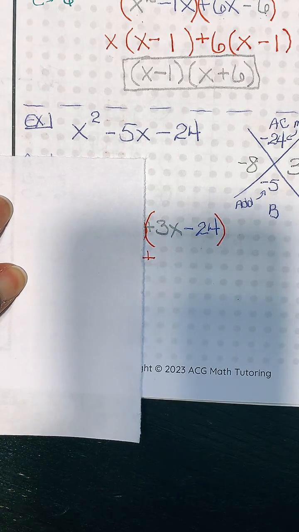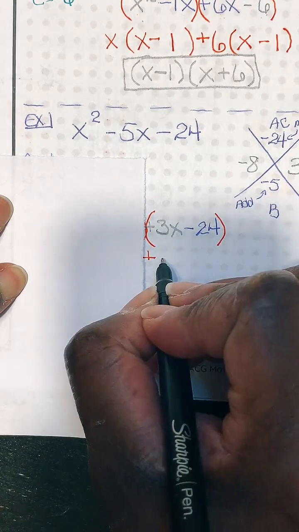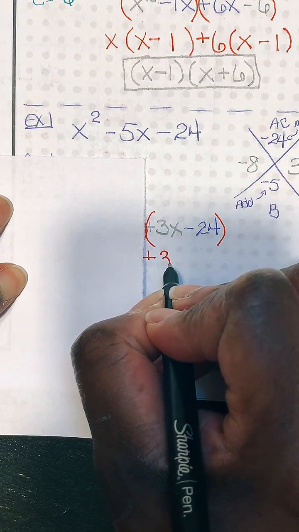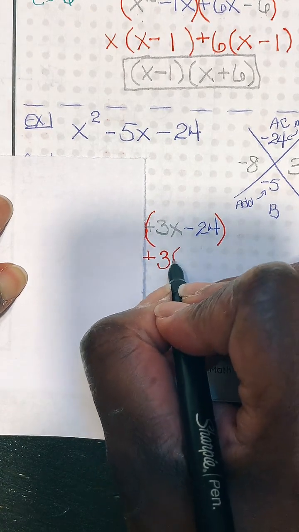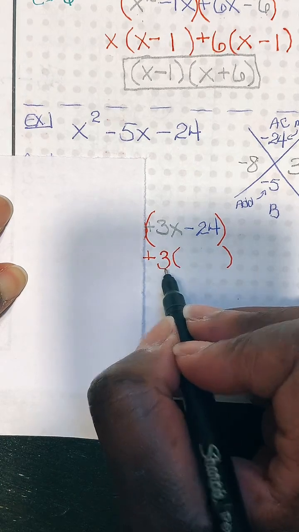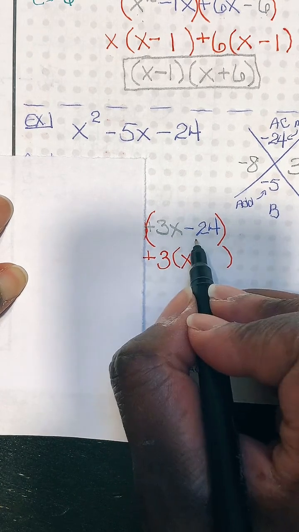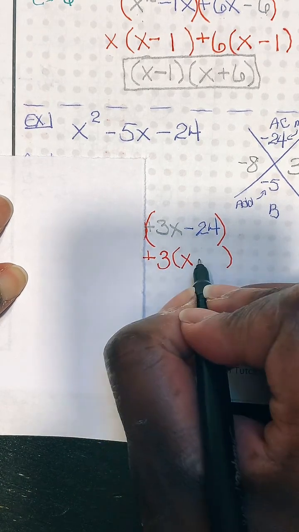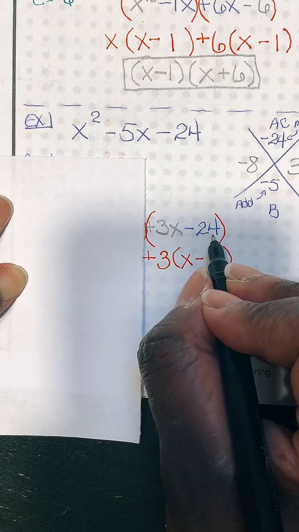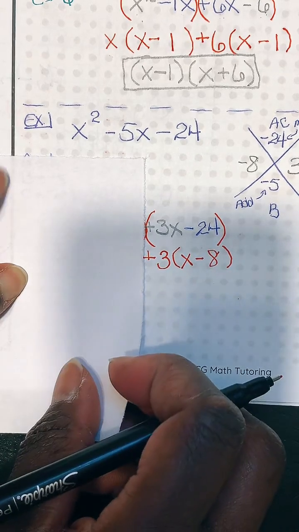So yes, my GCF is going to be 3. So if I divide, 3x divided by 3 gives me 1x, or just x. And negative divided by a positive is a negative. And 24 divided by 3 gives me 8.